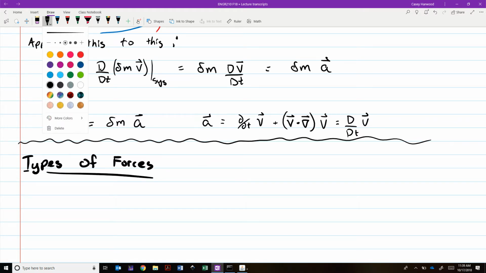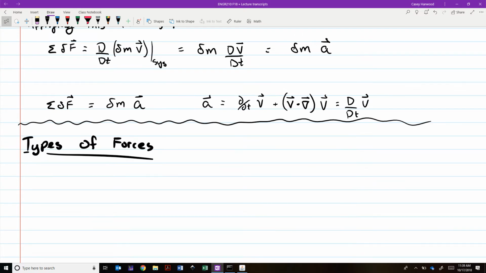Okay, so we have two types of forces that act on a particle of fluid. There's first what we call body forces.